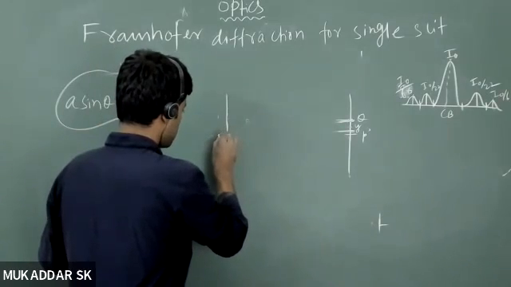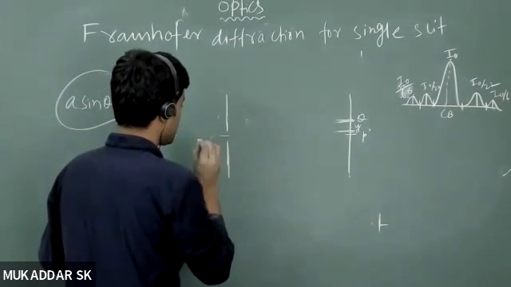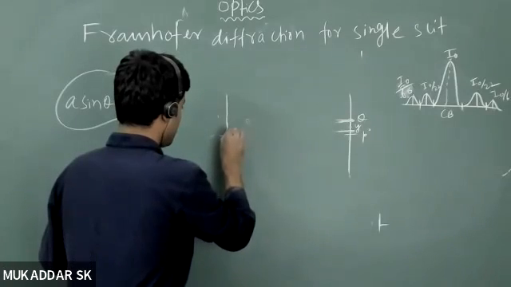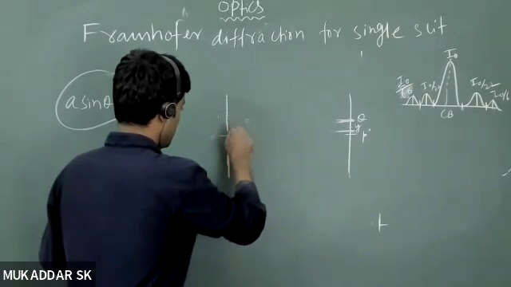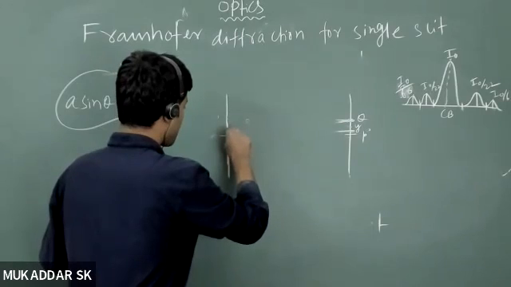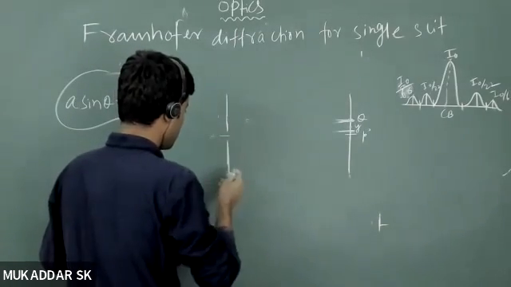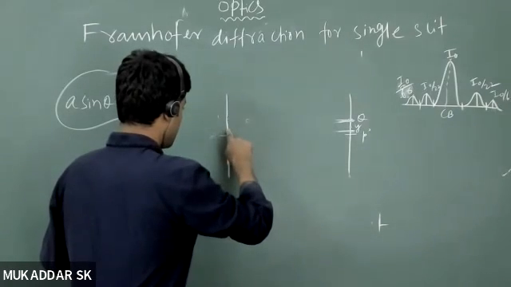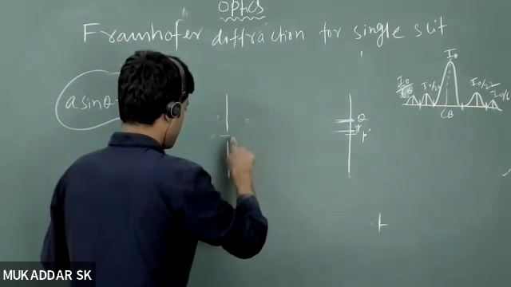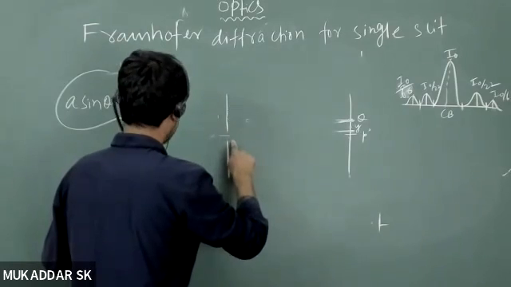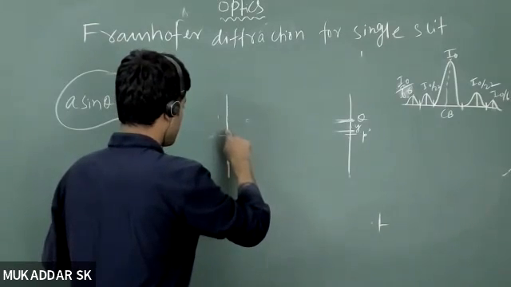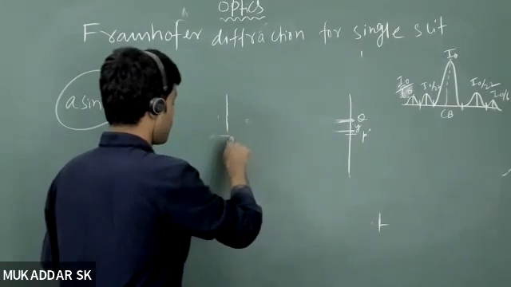So I have divided this slit into two parts. This will be a by 2, this will be a by 2. It contains 50 number of sources, it also contains 50 number of sources. Now I am asking, if the path difference between ray number 1 and ray number 100 is a sin theta, so what will be the path difference between ray number 1 and ray number 50?